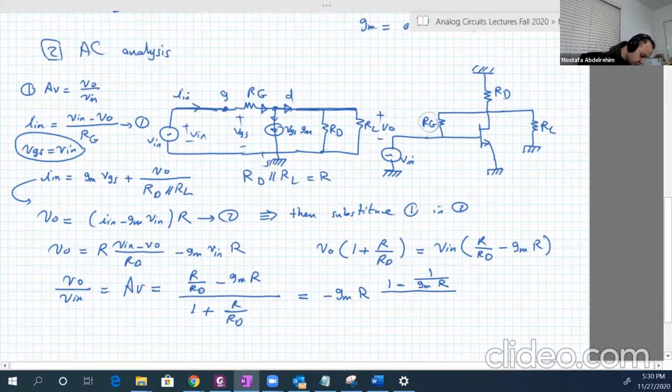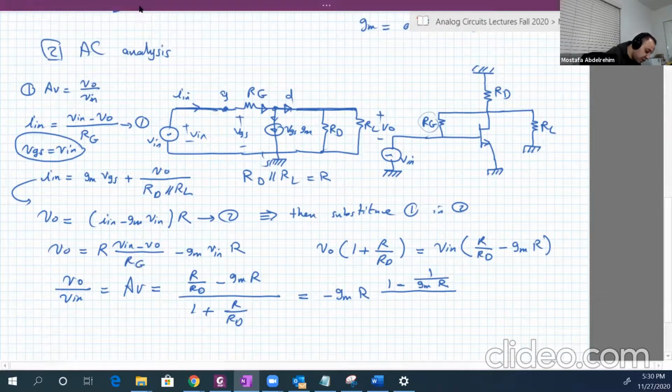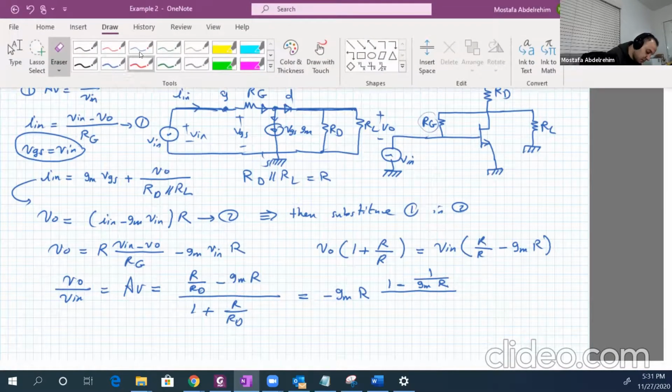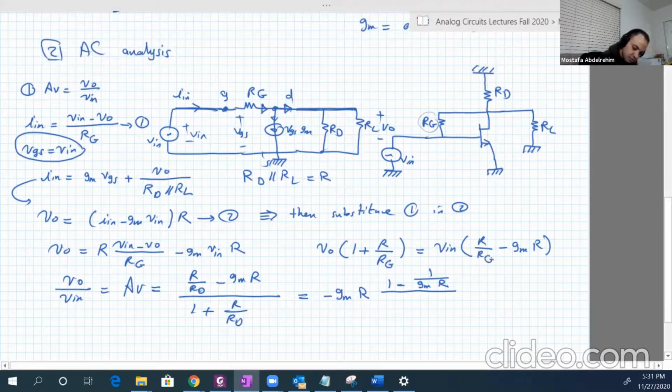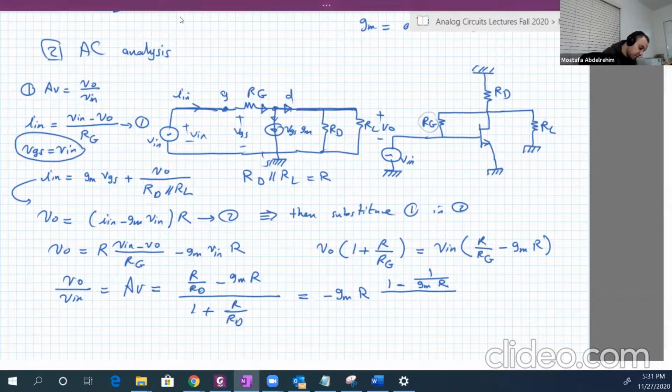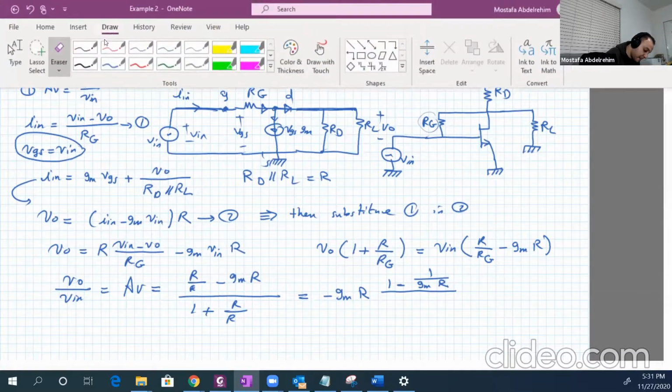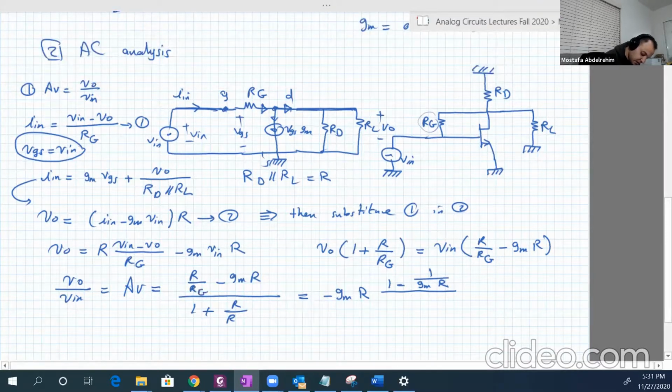So this will also be RG, not RD. Any RD will be RG. Okay, that's it. So it is RG here.